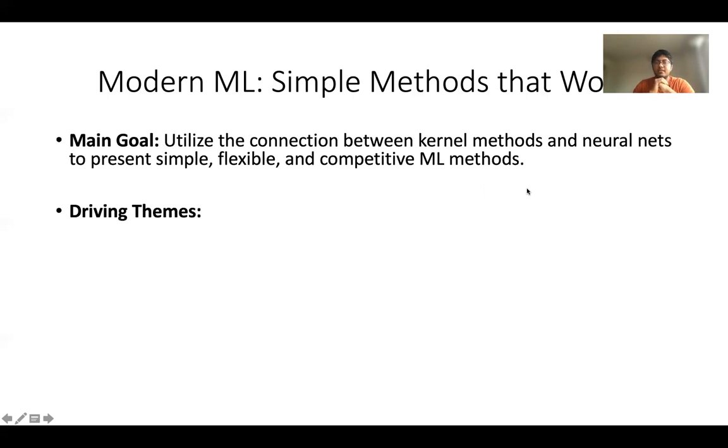As a high-level overview, there are a couple of driving themes powering this framework. These are two very recent results in machine learning that we will cover extensively in the course. The first one is the benefit of over-parameterization. What do I mean by this? It means that larger and larger models tend to generalize better in practice.